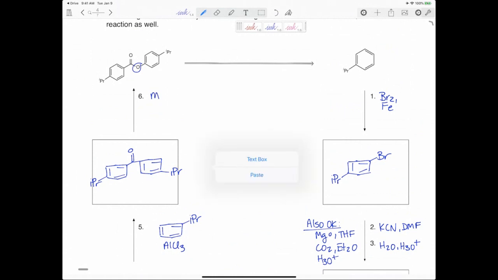Starts with M, ends with CPBA. This is called the Baeyer-Villiger oxidation. When you turn a ketone into an ester, you use MCPBA.